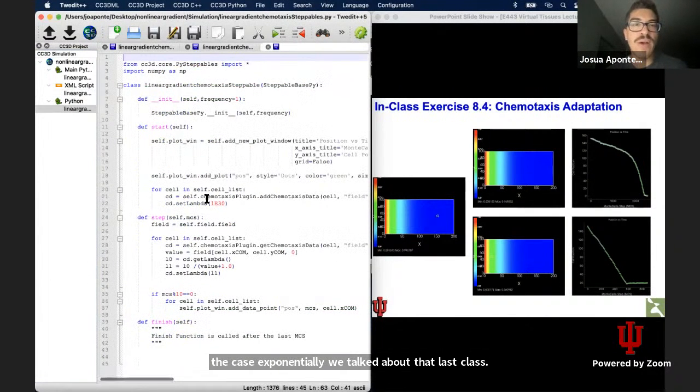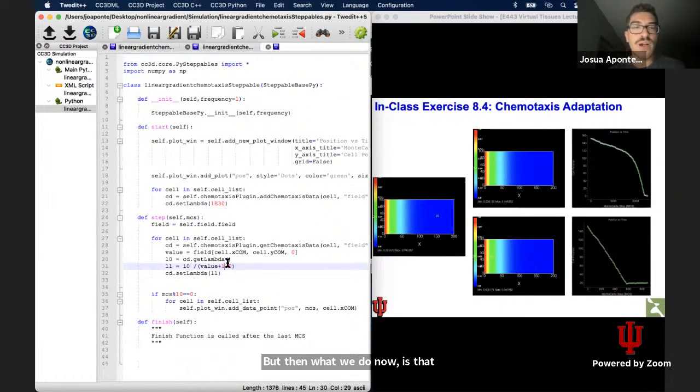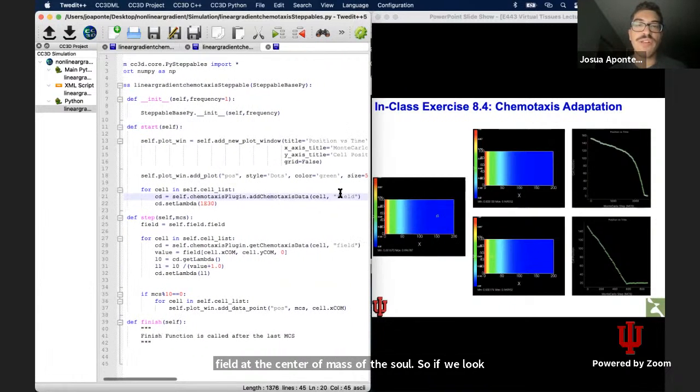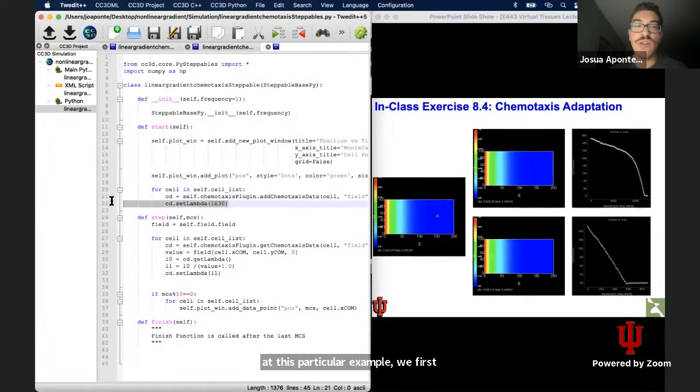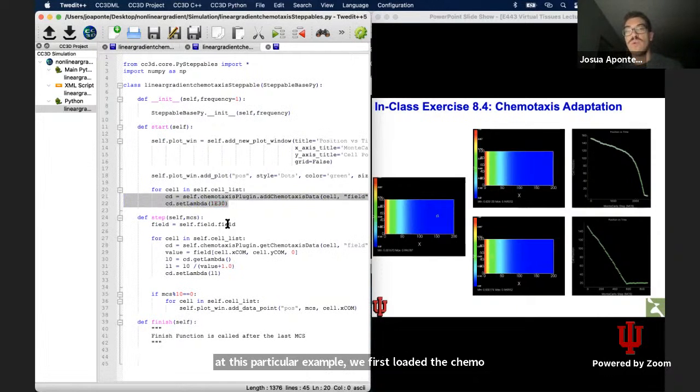But then what we do now is that instead of having the cell chemotax linearly, we modify the lambda chemotaxis by the value of the field at the center of mass of the cell. So if we look at this particular example, we first loaded the chemotaxis data and notice that in this case, we have to set the lambda chemotaxis to be a very, very huge number, 1e30.